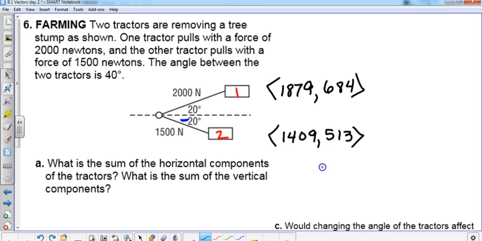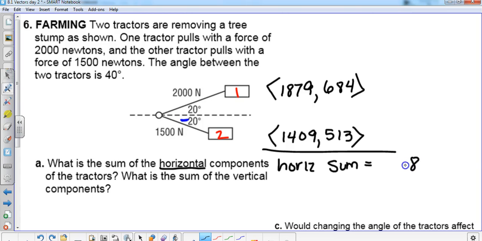That's okay. All right. So what is the sum of the horizontal components? What are they asking us? Just to add which ones? Horizontal, yeah, the cosine or the x ones. So what's the sum for the x? I don't know. Somebody add those together for me.